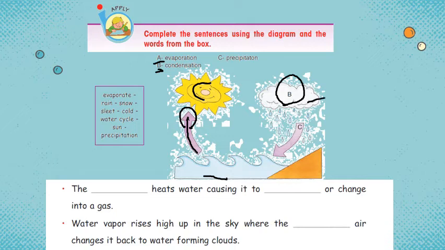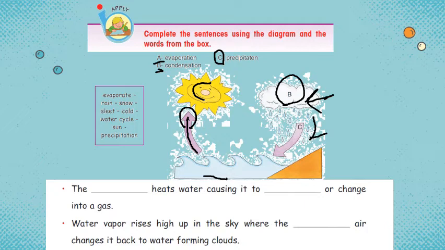What happens now? When the cloud is too heavy, water falls back to earth. It can fall back as rain, snow, or sleet. Okay, so when the cloud is too heavy, water falls back to earth as rain, snow, or sleet. This stage is called precipitation.